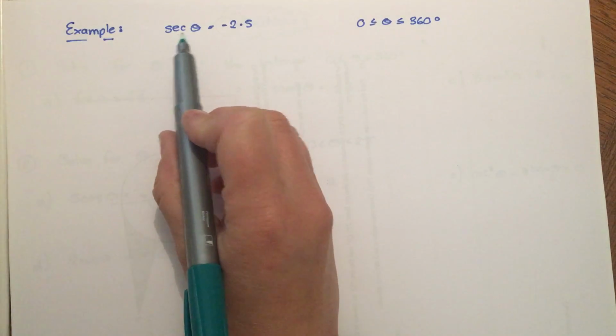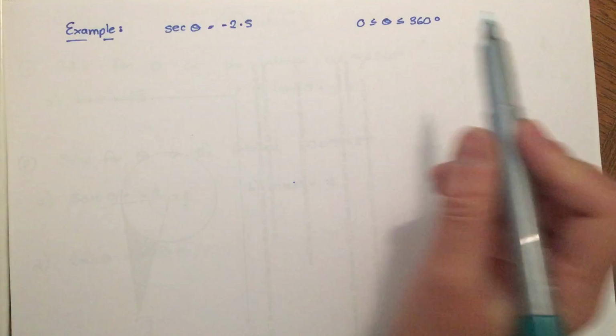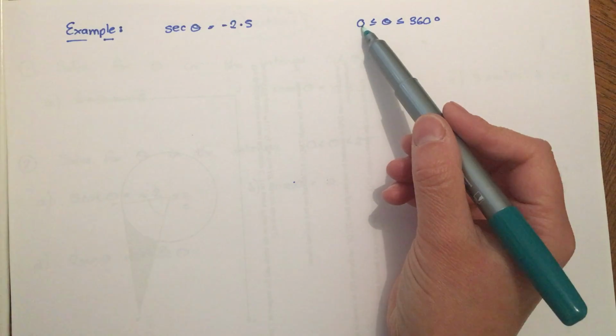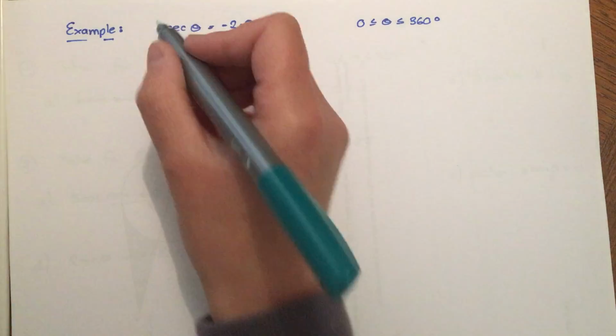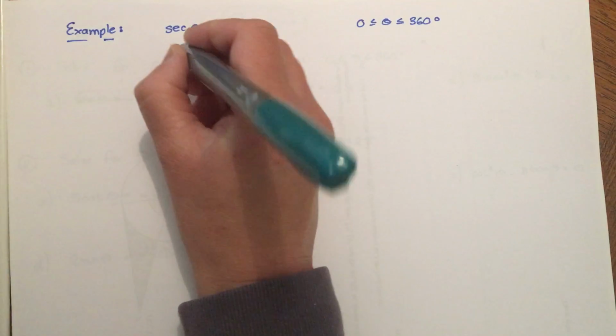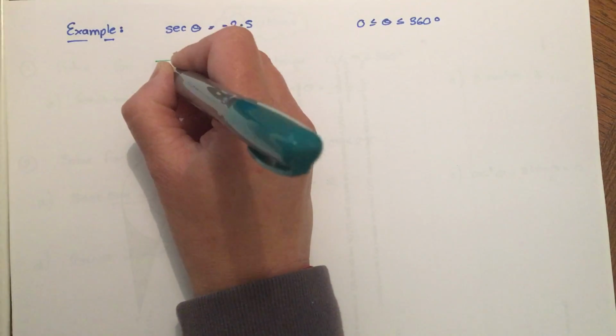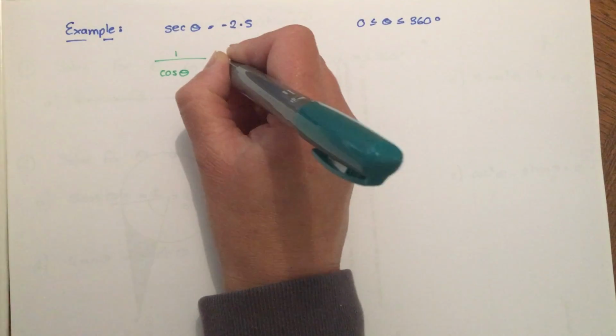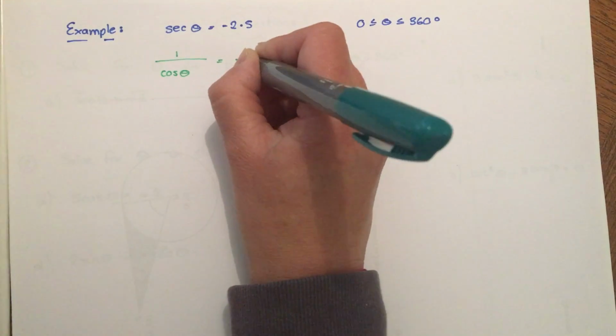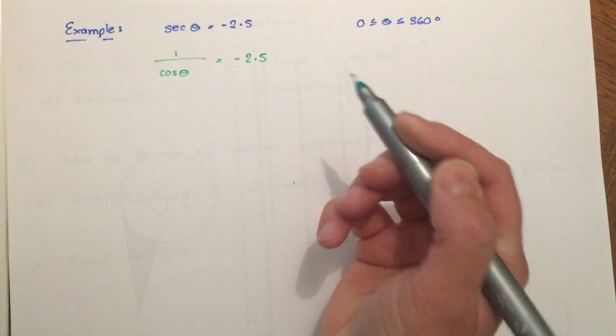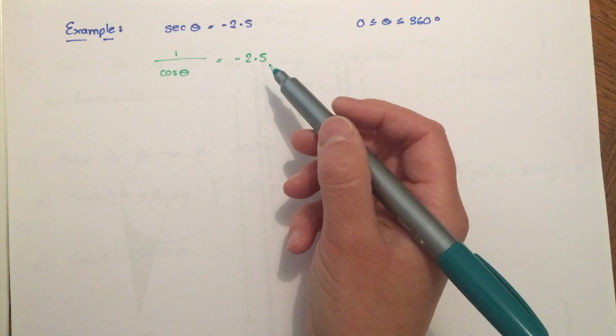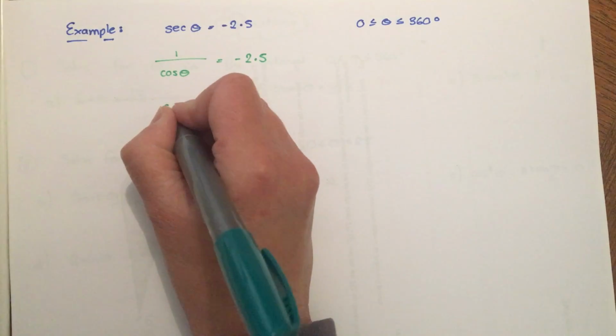Sorry, so we've got sec theta equals negative 2.5, solve in the range 0 to 360. So we know that sec, the third letter is C, it's 1 over cos theta, and it's equal to negative 2.5. The way we can solve that is to take the reciprocal of both sides.